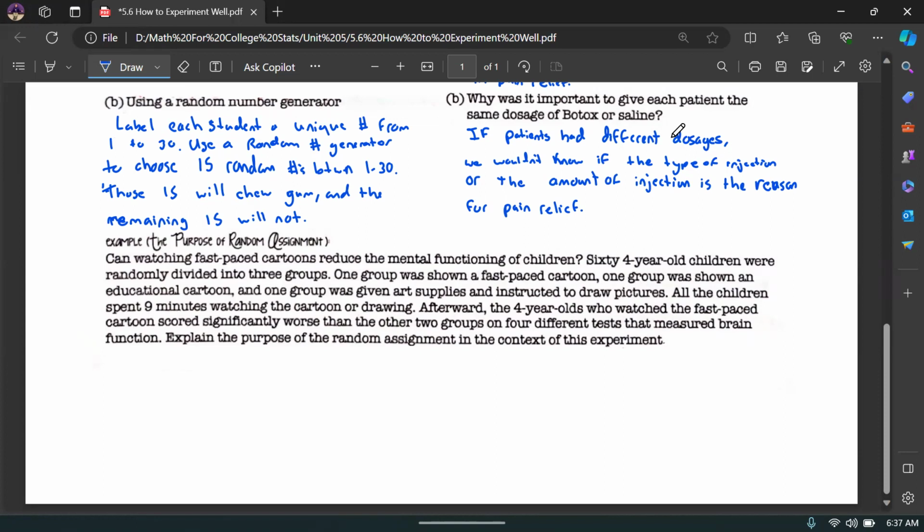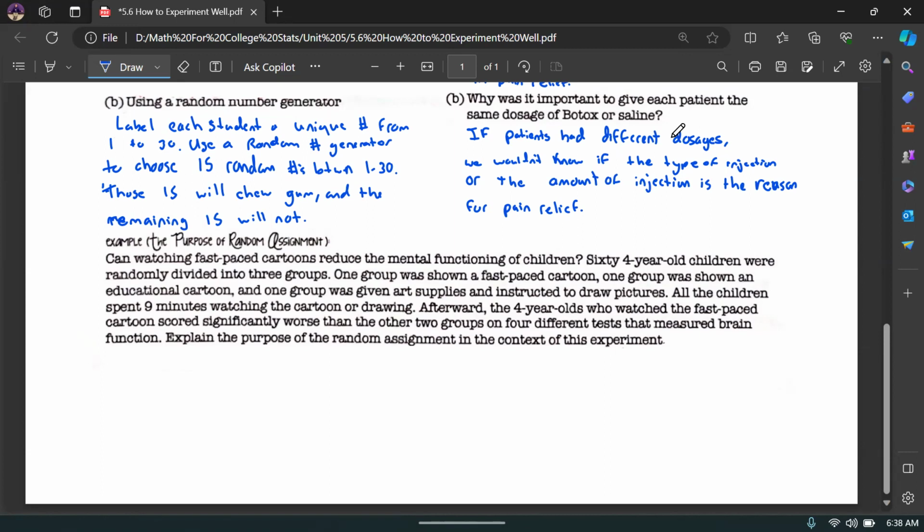So the purpose of random assignment is to avoid confounding by creating 3 groups of 4-year-olds that were roughly equivalent at the beginning of the experiment. So yeah, the idea there is if you use random assignment, then it kind of creates that, what we said earlier, replication.